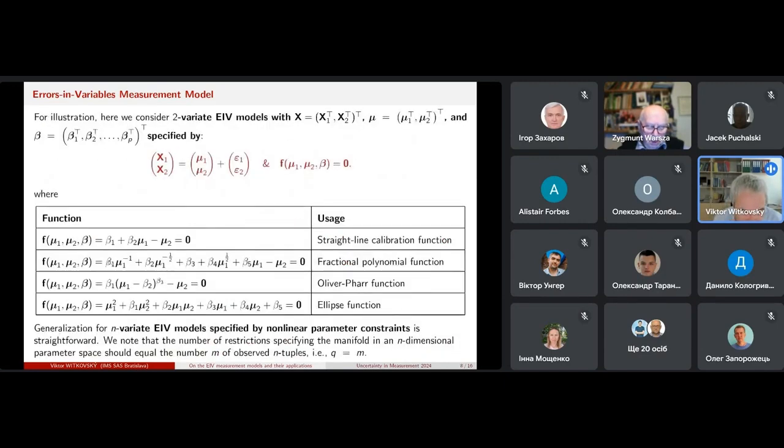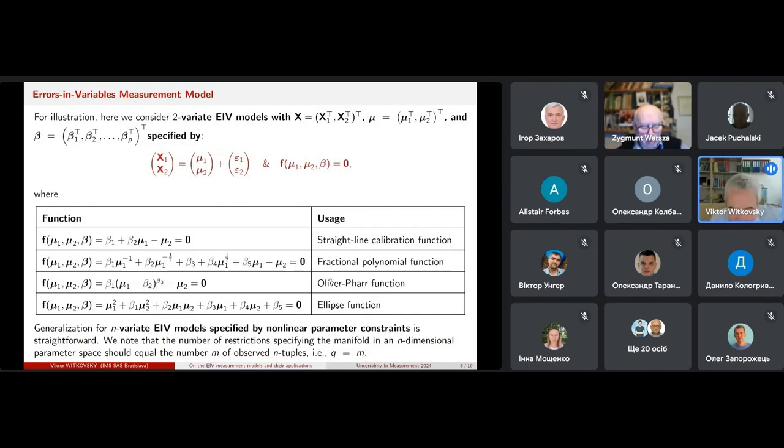Mu1 represents the true values of the x variable, and mu2 represents the true values of the y variable. Our measurand, or parameters of interest, are of course the parameters of this fractional polynomial.